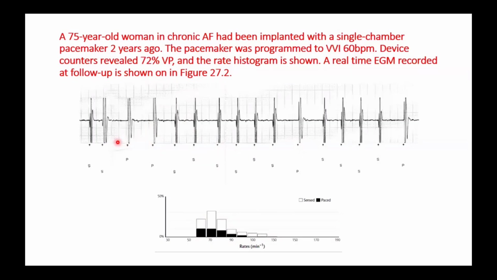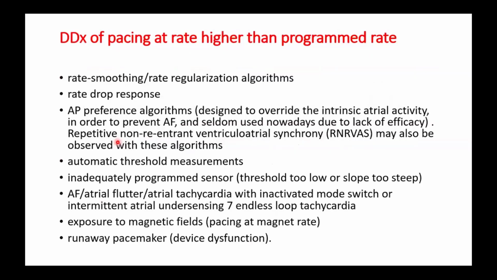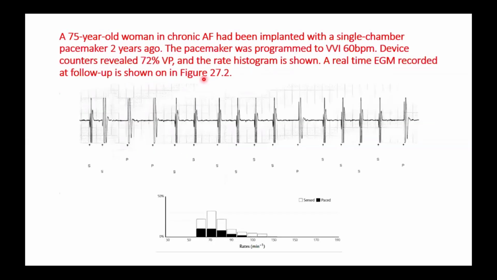This is a difficult question. You have to understand that some pacemakers have functions you don't know. Sometimes the engineer himself does not know. This is called the rate smoothing or regularizing algorithm.